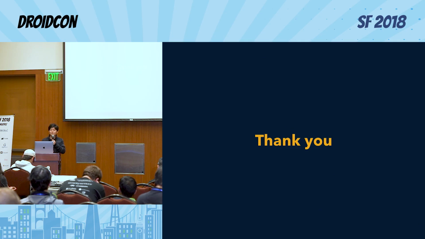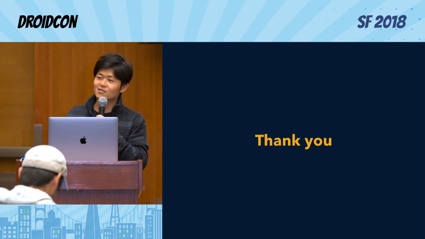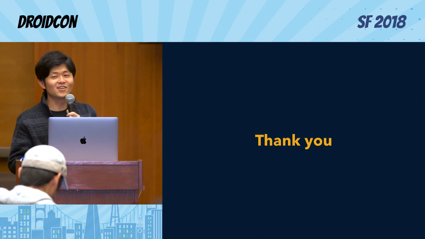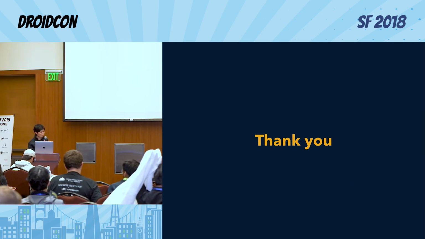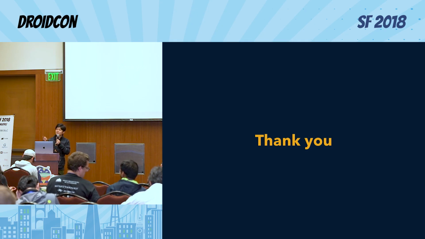Okay, so the question was, Camera2 API is really hard. What can the developer do to actually use the Camera2 API? Is that the question? Yes. I don't think there's a good way to use Camera2 API, but there's some good information.